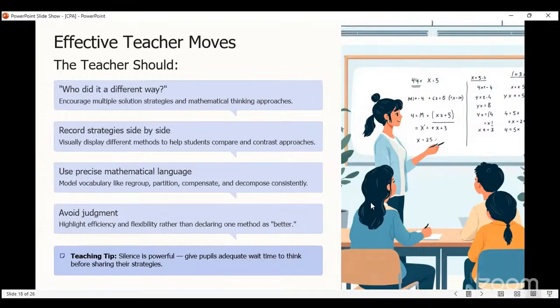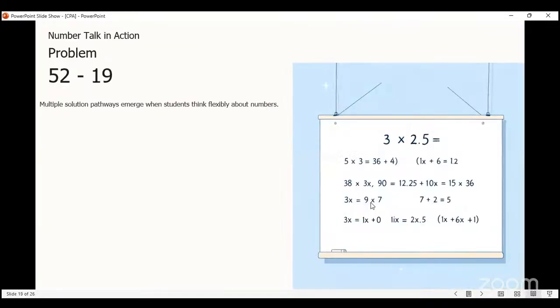Avoid judgment. Highlight efficiency and flexibility, rather than declaring one method better than the other. Silence is powerful. Give your children adequate wait time to think before sharing their strategies.